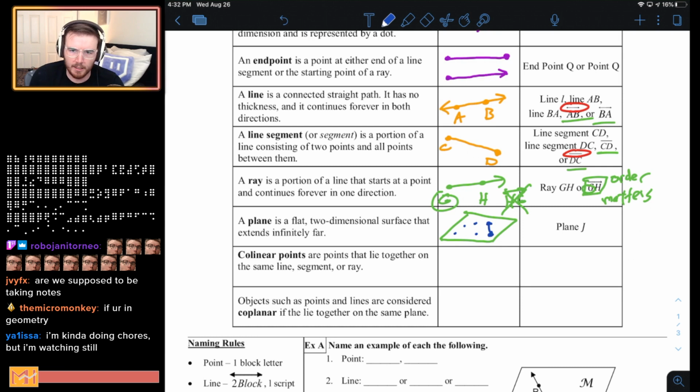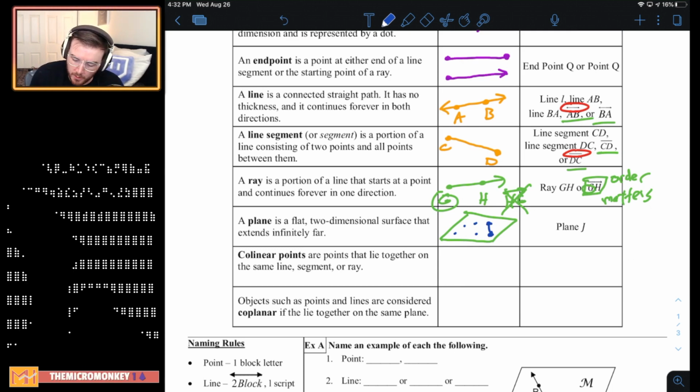Collinear points. Let's kind of dissect that. What does it mean to be linear? That means in a line, in a straight row, right? So what would be an example of collinear points would be these 1, 2, 3 points. They are points that lie together on the same line. All three of those points are on the same line.